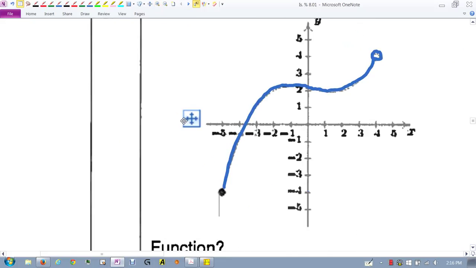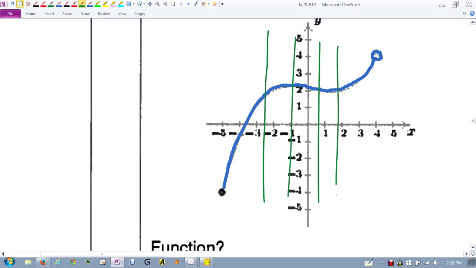There's a very simple way to check if a graph is a function or not. Anyone know what it is? The vertical line test. The vertical line test basically says that if you start drawing vertical lines, and it doesn't matter where you draw them, just start drawing vertical lines.